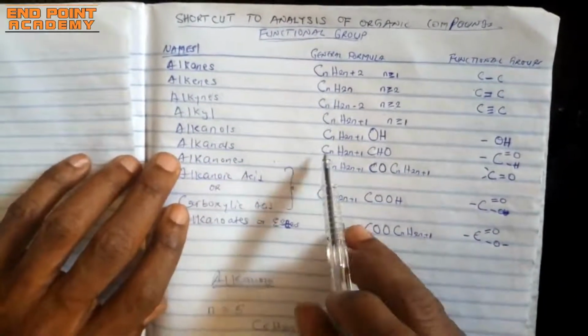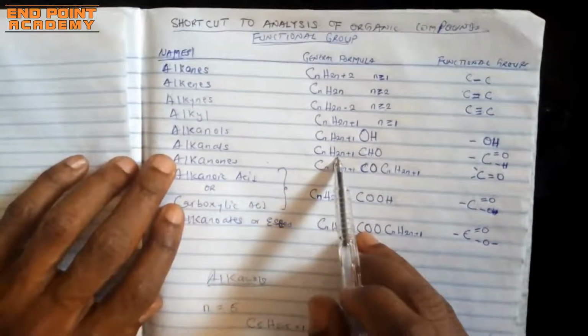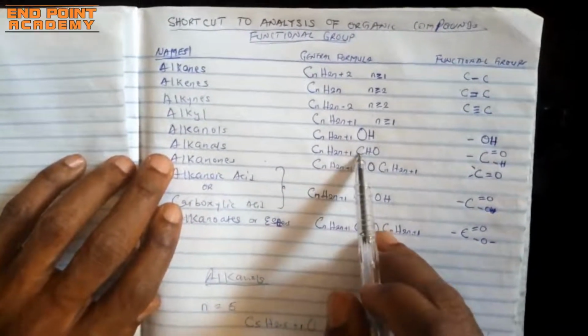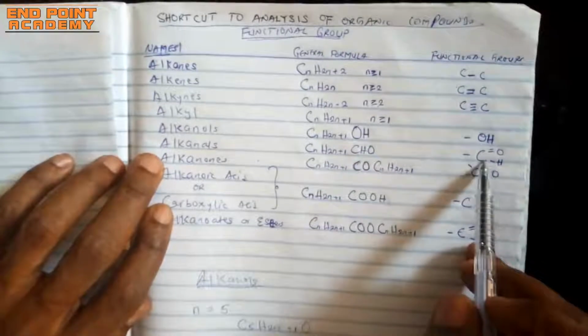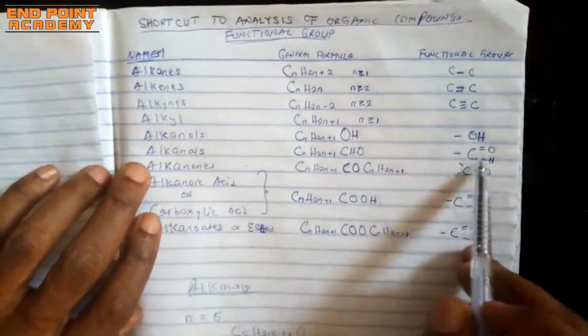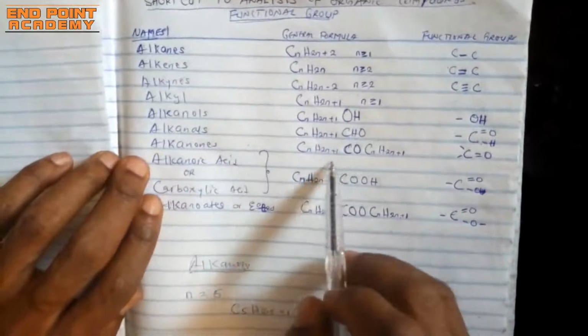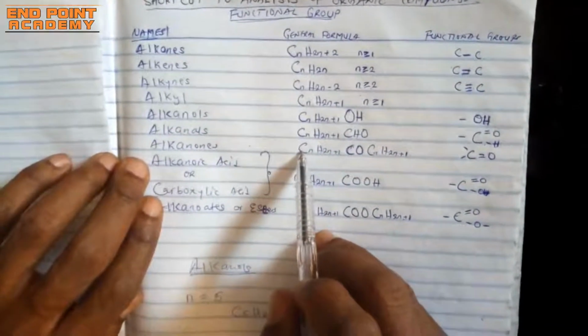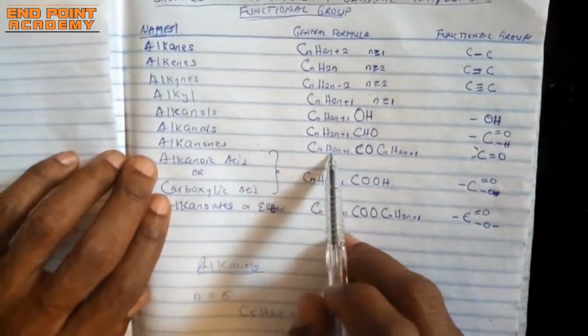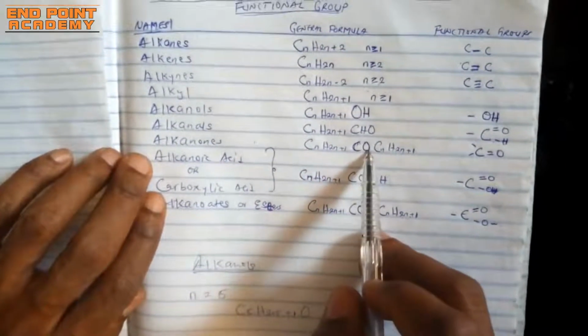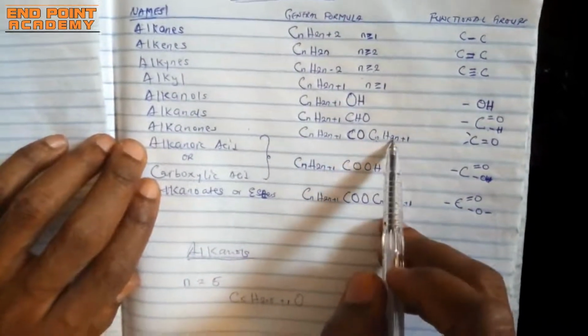The alkanals, the formula is given by CnH2n+1CHO. The functional group here is CHO. Same thing goes for the alkanones. Get it? The formula is given by CnH2n+1CO. CnH2n+1.